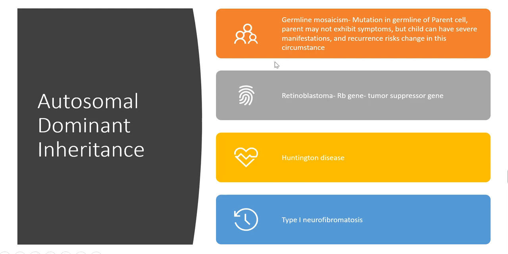What are examples of autosomal dominant diseases? The retinoblastoma gene, which is also a tumor suppressor gene, which keeps a check on the cell cycle. Another example is Huntington disease. Huntington disease is generally a familial disease, but it manifests very late in life, so by that time the person has already had kids.